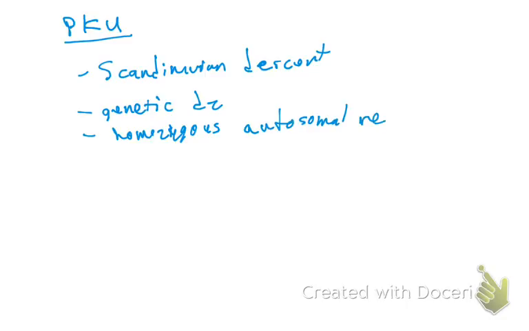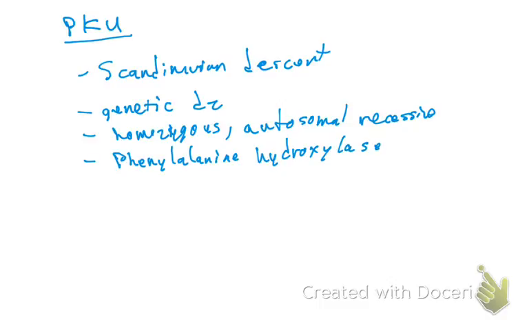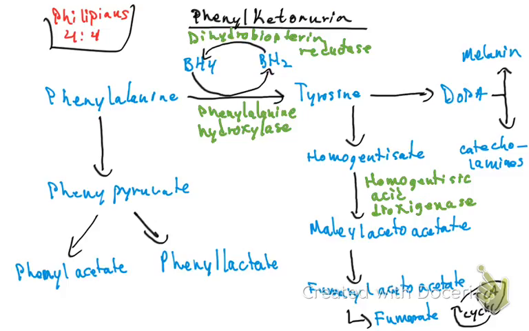Okay, autosomal recessive disease. Now, they have a deficit of the enzyme phenylalanine hydroxylase, and as you remember, it is the enzyme responsible for converting phenylalanine to tyrosine.